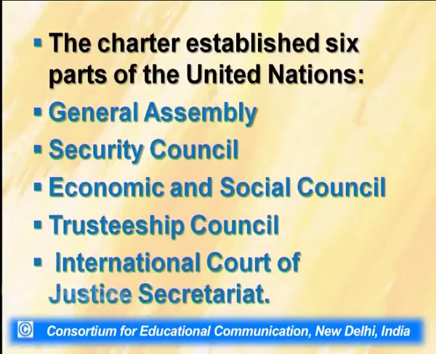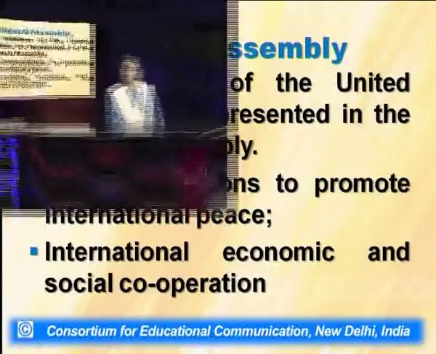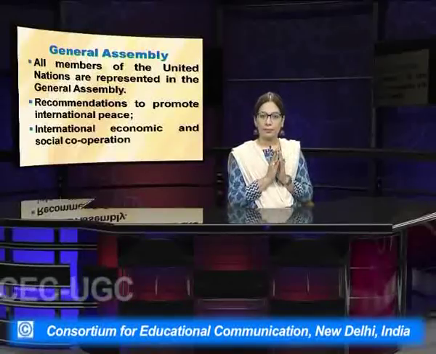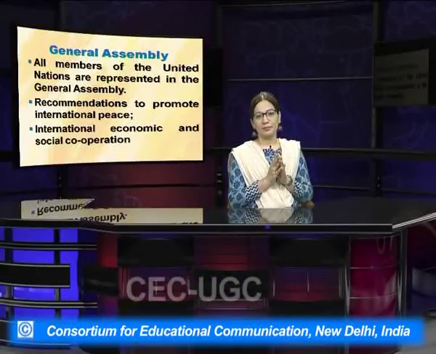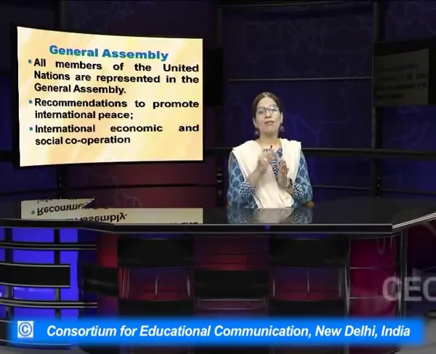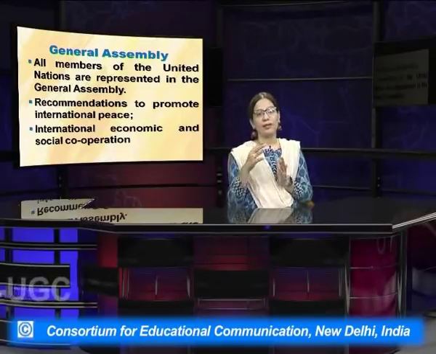Let's name them: General Assembly, Security Council, Economic and Social Council, Trusteeship Council, International Court of Justice, and last, the Secretariat. Now let us take these organs one by one. The General Assembly. All members of the United Nations are represented in the General Assembly.